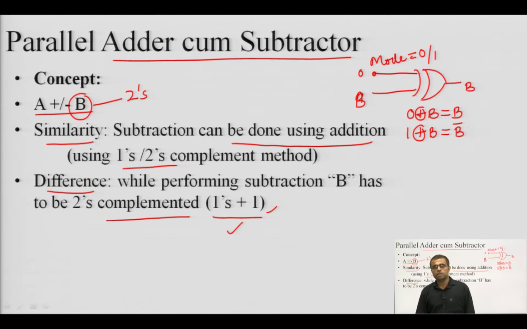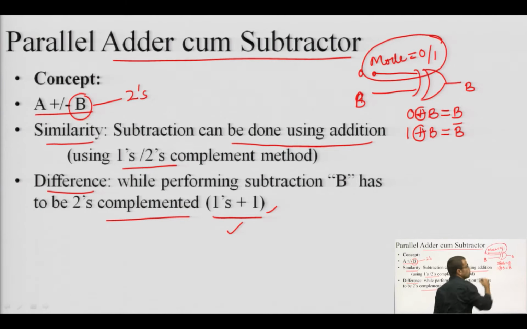We can see that this XOR gate can appropriately replace a conventional NOT gate, and this offers that the same structure can be used to perform addition and subtraction by simply selecting this mode value.